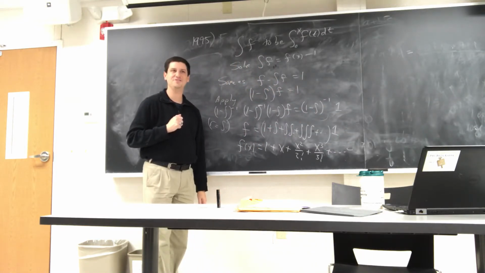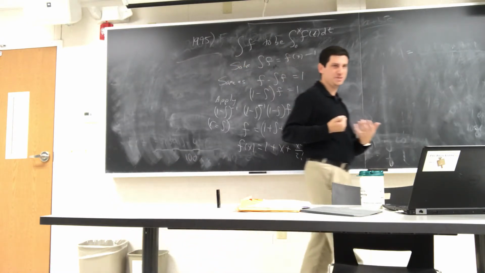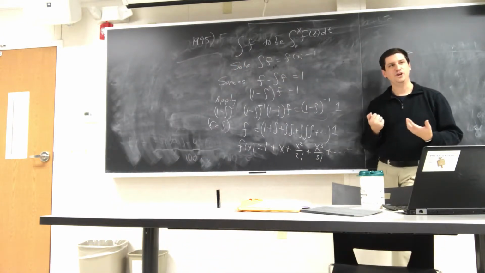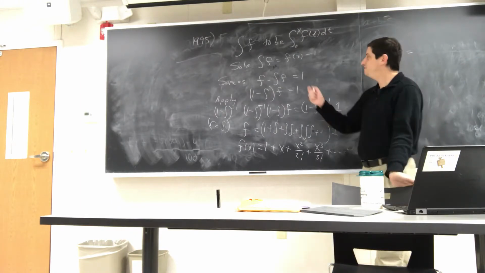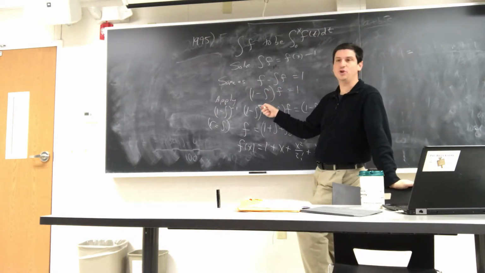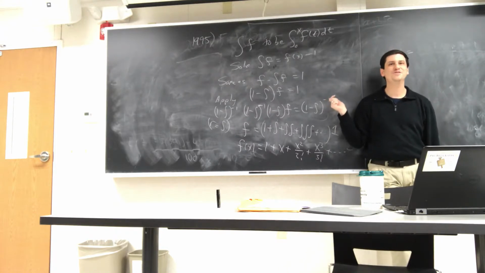And this can all be justified. A really good physicist or economist knows how to justify things, or has a really good sense of what things their friends can justify. So you need to define what it means to take the inverse of an operator. You need to define or understand when you can actually have a series expansion for the inverse of the operator.